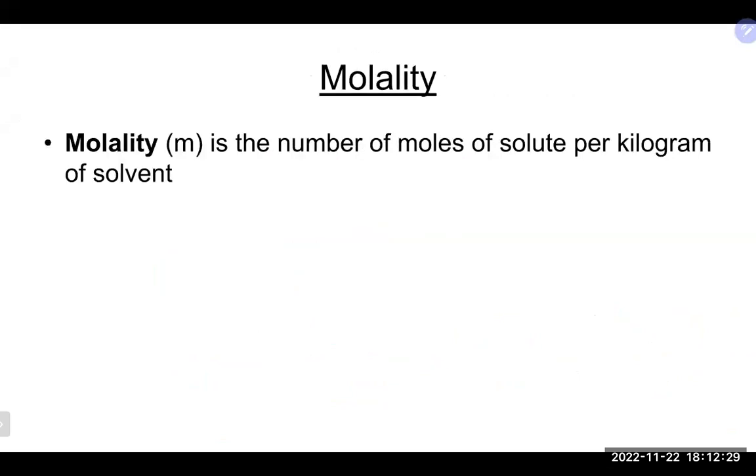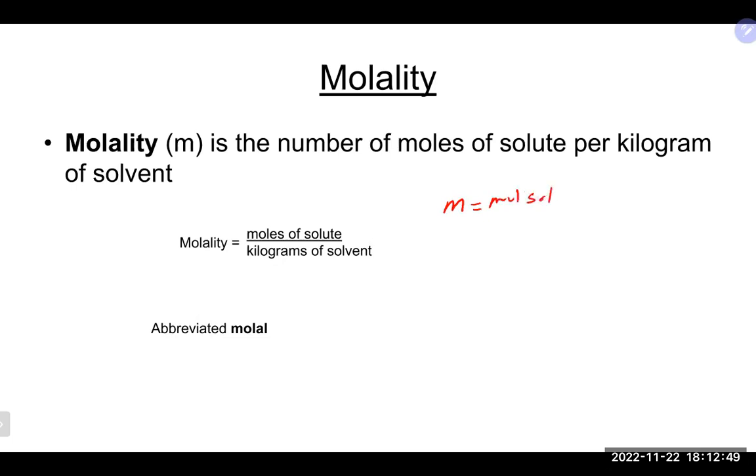All right. Molality. Not sure if we talked about molality or not, but let's talk about it here. Molality is different than molarity. Molality is little m, and it is moles of solute divided by kilograms of solvent.